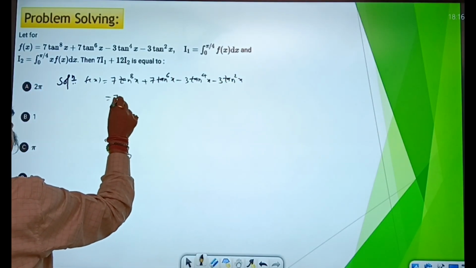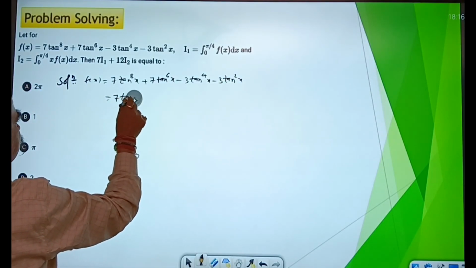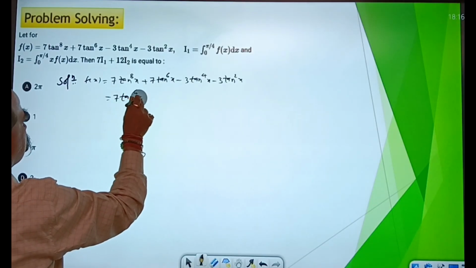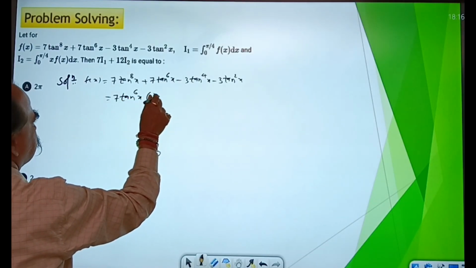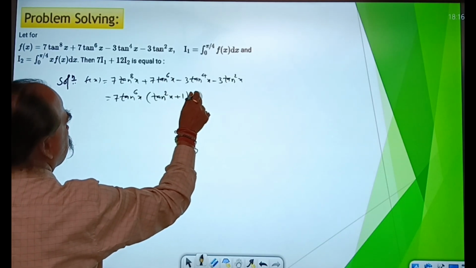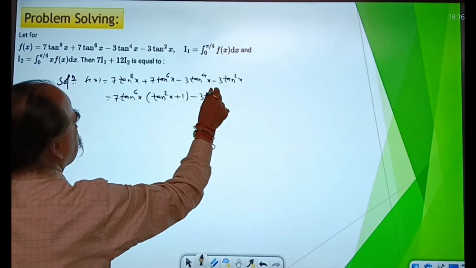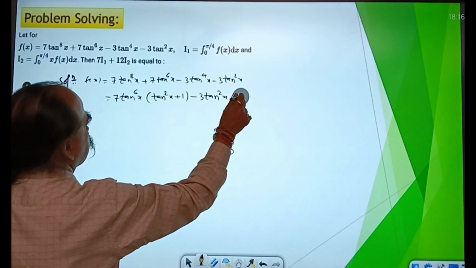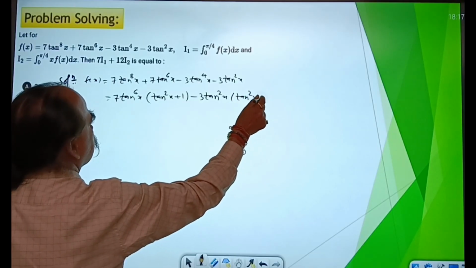We can take 7 tan^6 x common, so you get tan^2 x plus 1, minus 3 tan^2 x common, so you get tan^2 x plus 1.